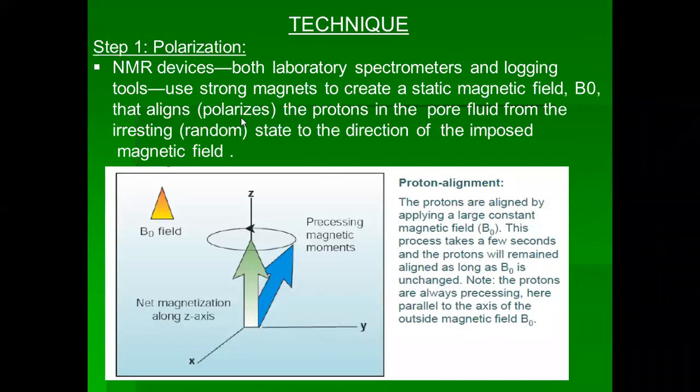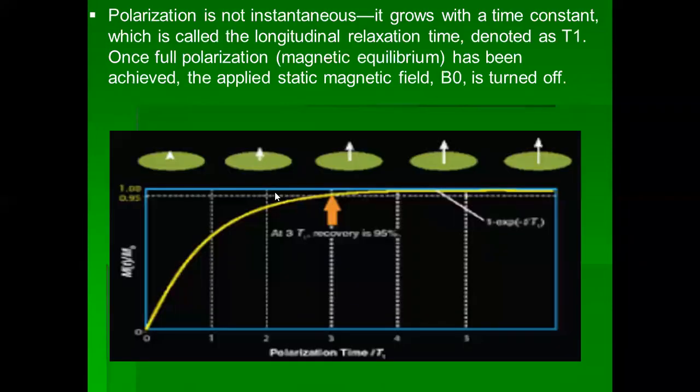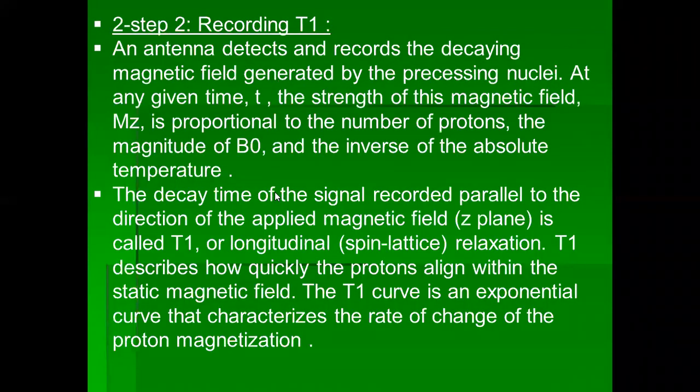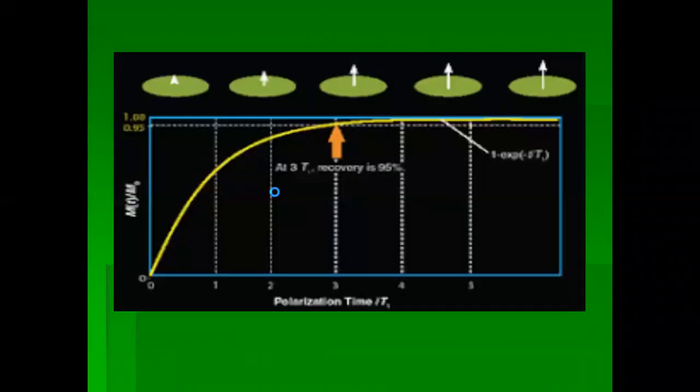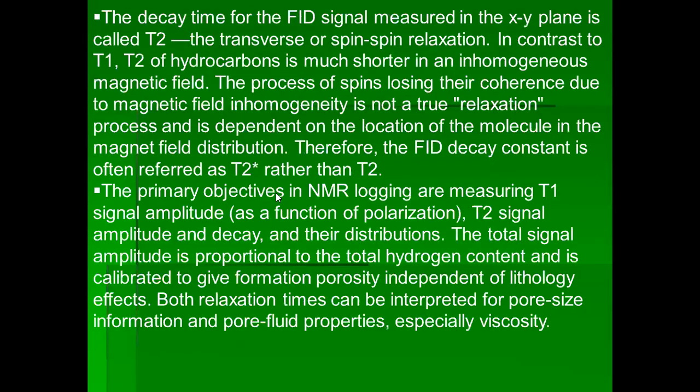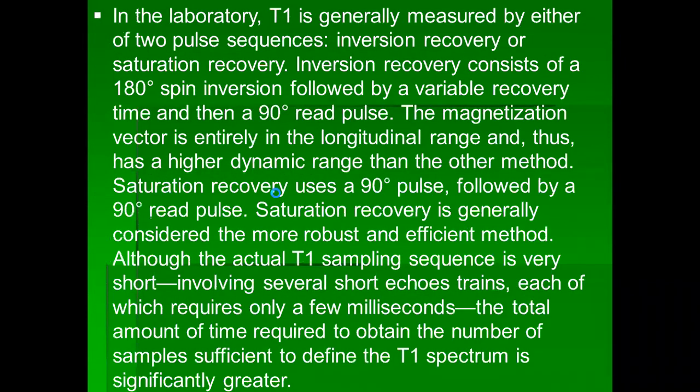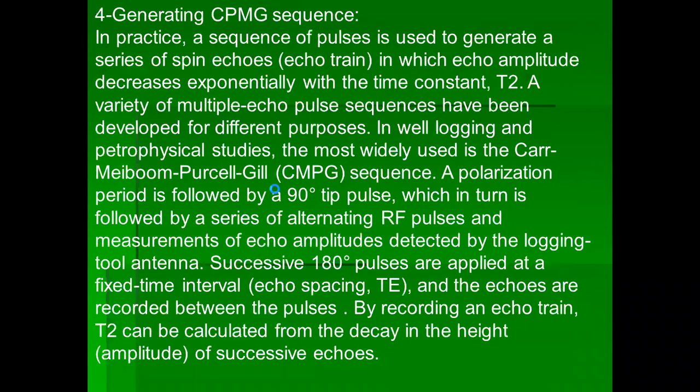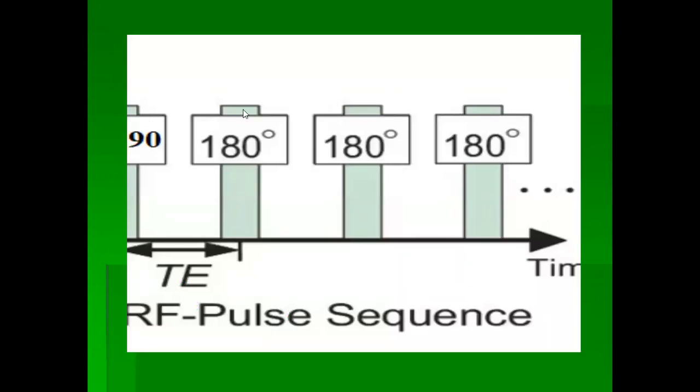And you can see the sequence of stages starting with polarization, and then recording the T1, and then tipping and free induction decay, and measurement of T2. This sequence of pulses, starting with the 90 degree and then a sequence of 180 degree pulses, is called the CPMG sequence.